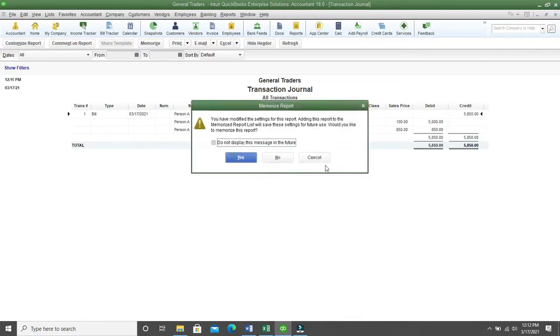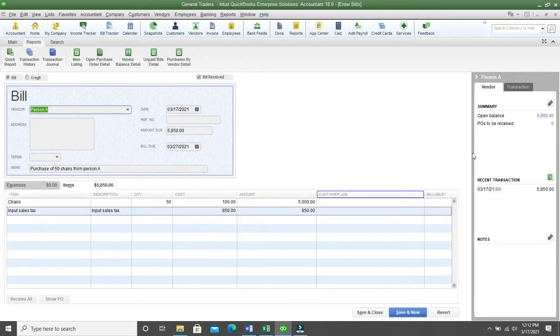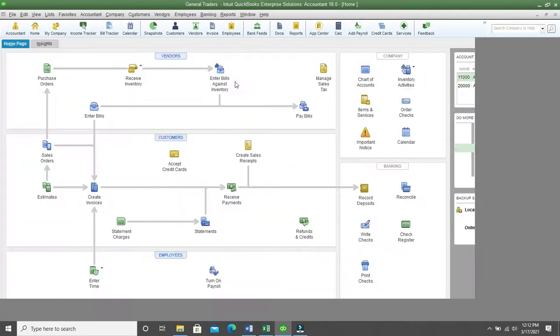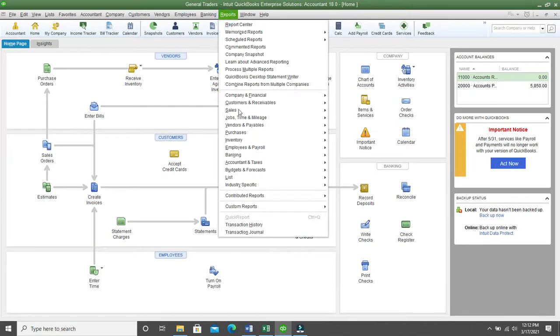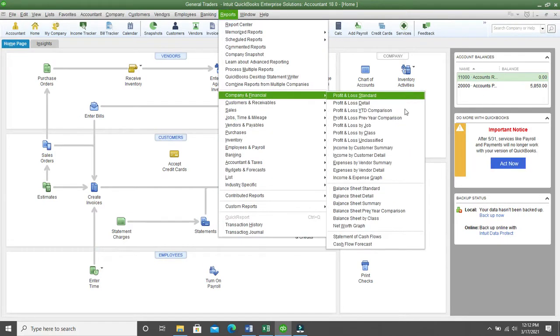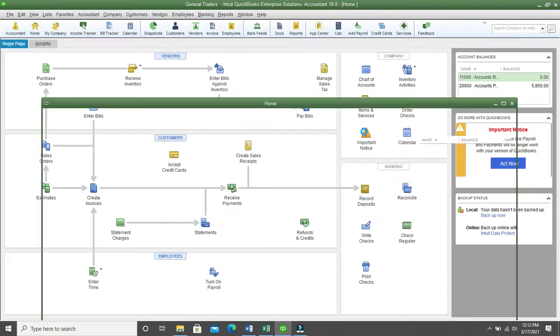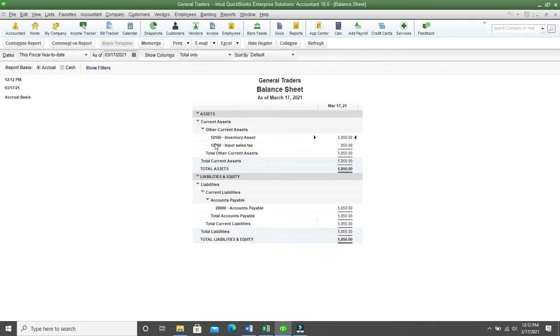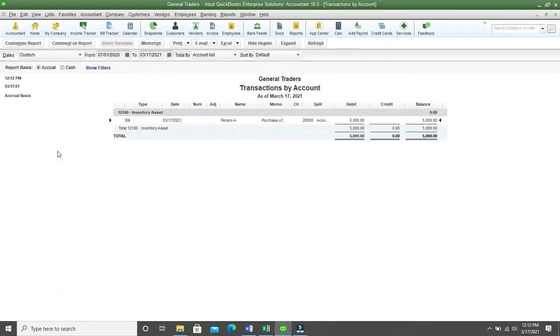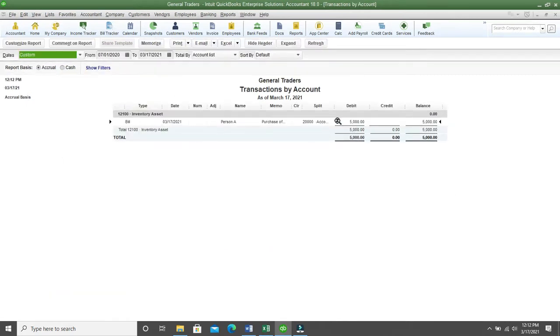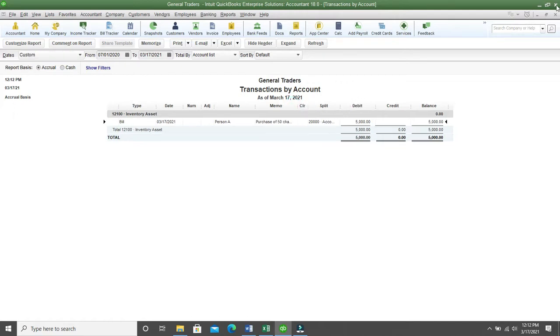I can also check it from my reports. So let's go to reports, go to company and financials, and go to balance sheet standard. This is my balance sheet. This is my current inventory asset. Double click it and it will show you the recording of the purchase of the asset. This is my asset. I have purchased 50 shares.